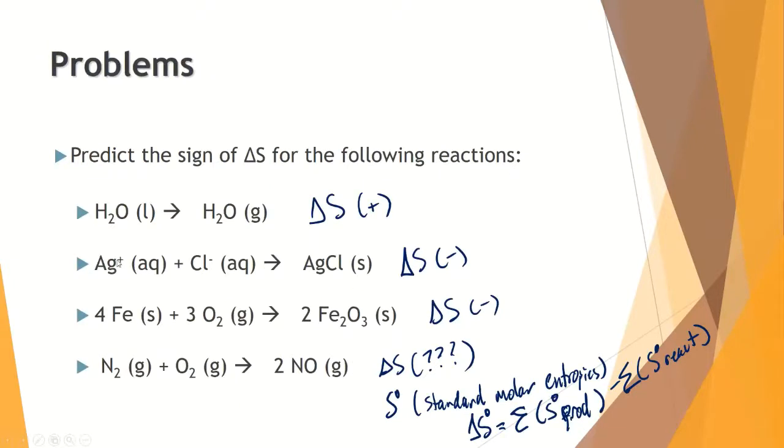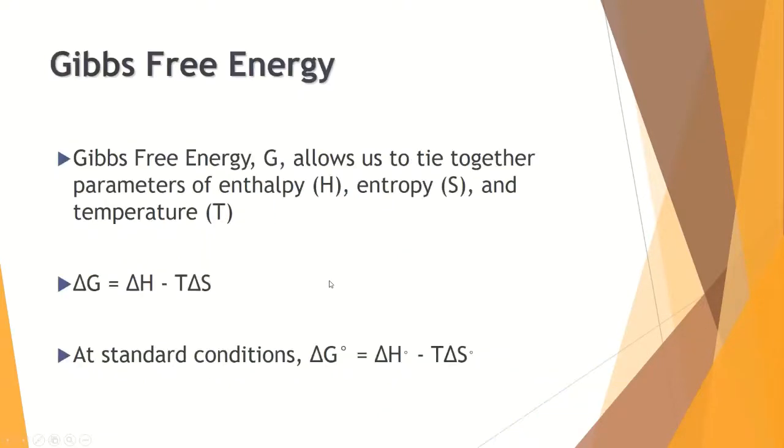This is a reaction we've seen many times, the precipitation of silver chloride from solution. We know this reaction is spontaneous. You put a silver solution with a chloride solution, you're going to get a solid. But it's spontaneous, yet it is negative in its entropy value. Why? That's because we don't have the full story.